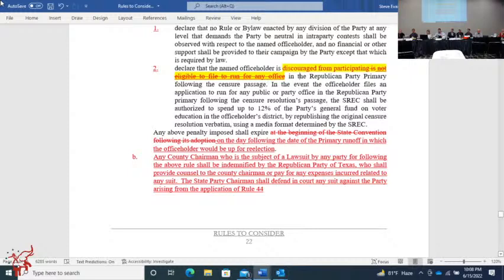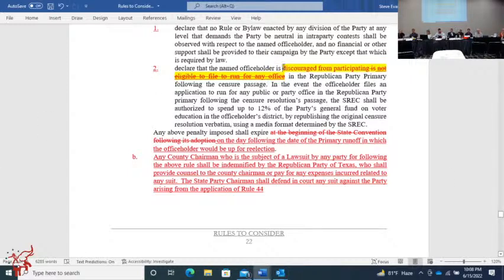Question now occurs on the highlighted language. All in favor of adopting the language signify by saying aye. Aye. All opposed, nay. Nay. The nays have it. All the ayes, please raise your hand. Nays?